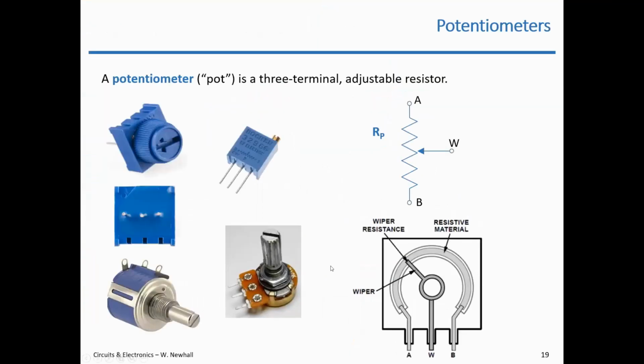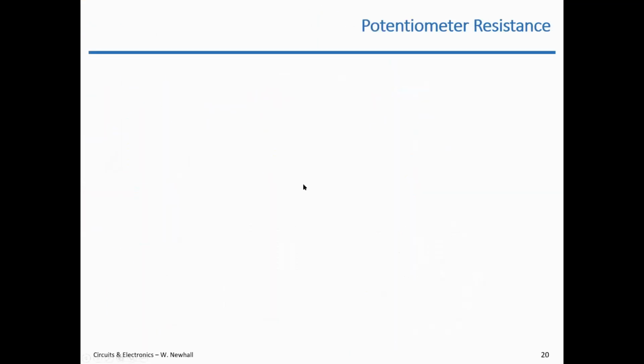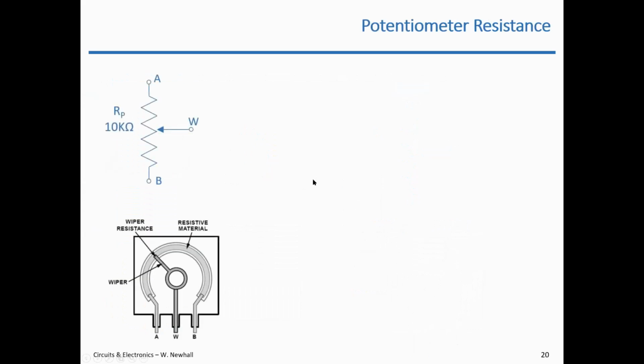Okay, let's take a look at that a little deeper. So here is a potentiometer. I've given it a value of 10 k ohms. Okay, and so in the lower left is the same cartoon. What I'm going to do is represent this potentiometer as two separate resistors.